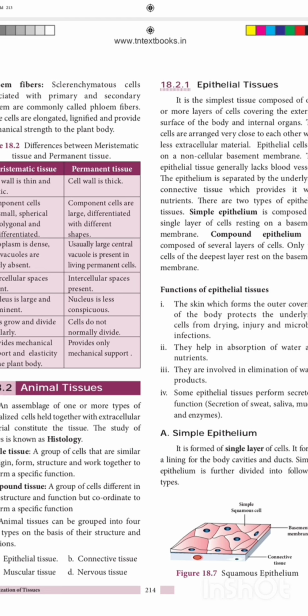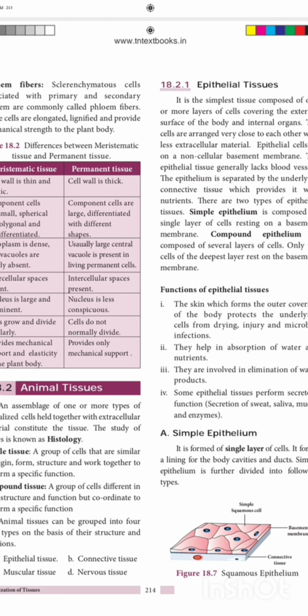There are 4 main functions of epithelial tissues: protection, absorption, excretion and secretory function. Let's see them detailing. The skin which forms the outer covering of the body protects the underlying cells from drying, injury and microbial infections. Thus, it protects the other parts of the body.